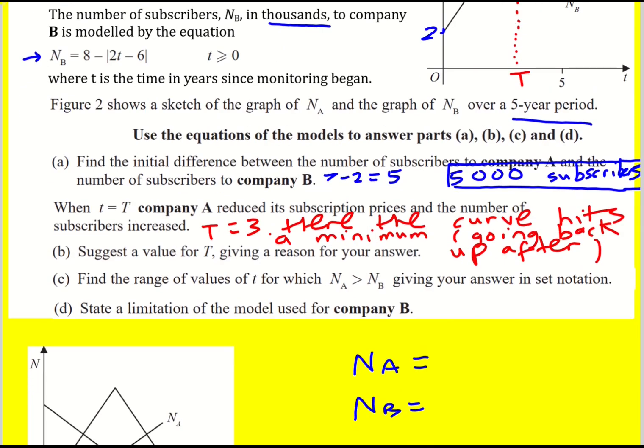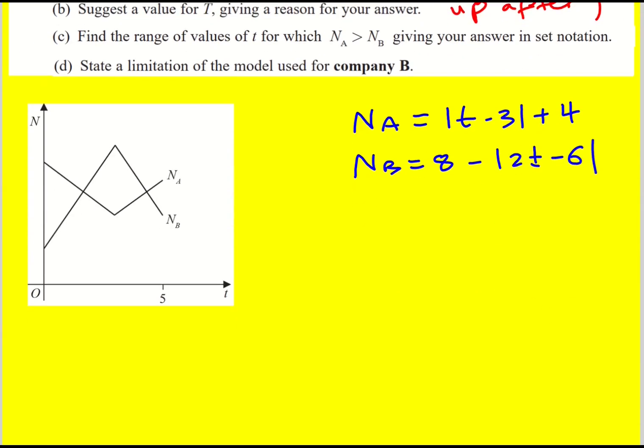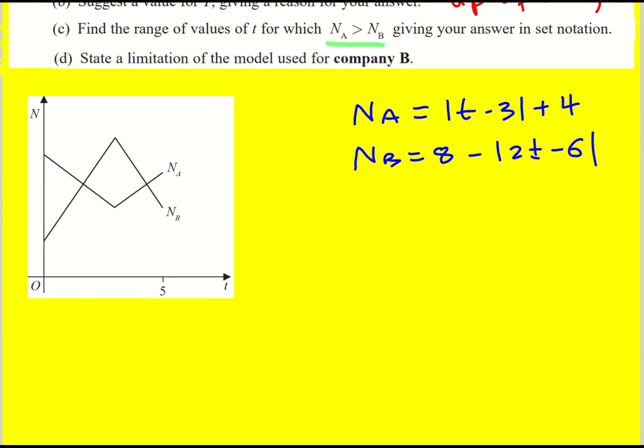So modulus of t minus 3, plus 4, and 8 minus modulus of t minus 6. So I want to find when NA is greater than NB, and I can see on the graph it's like this line here is where NA is above NB, because NB is down here, and then also over here. So what I actually want to do is find the points of intersection, and then it's going to be everything to the right of this one and everything to the left of this one.